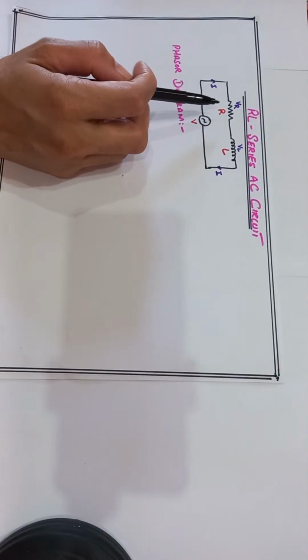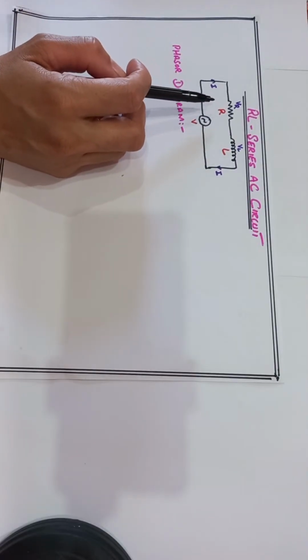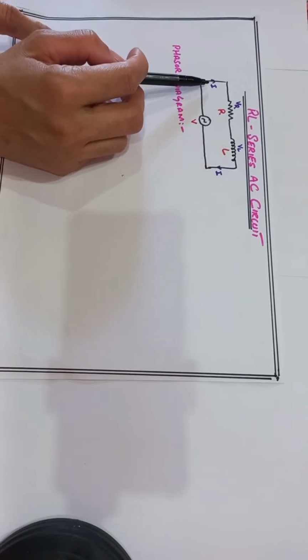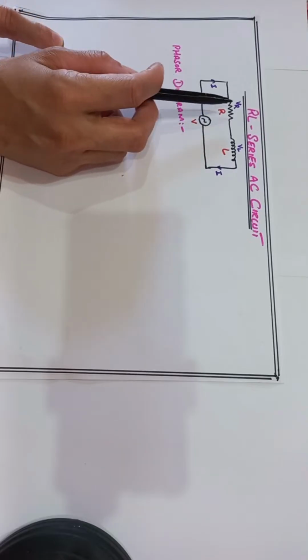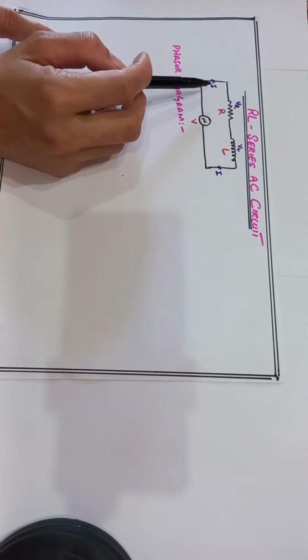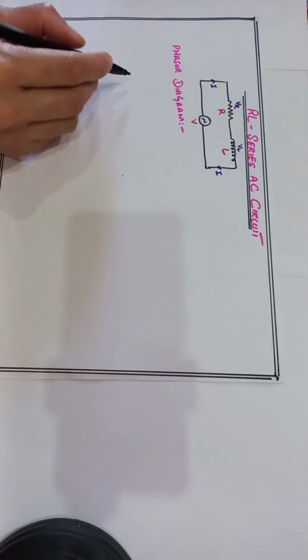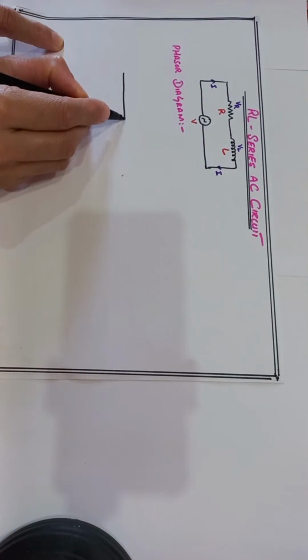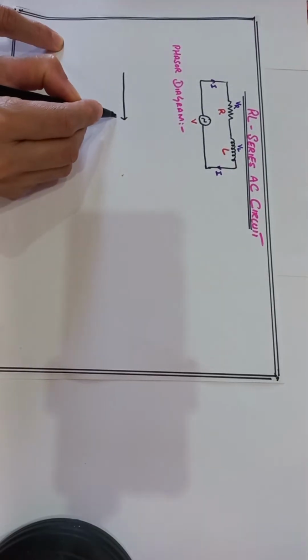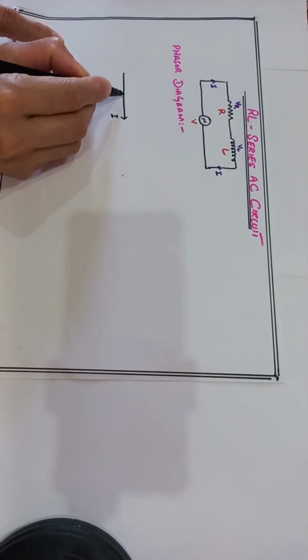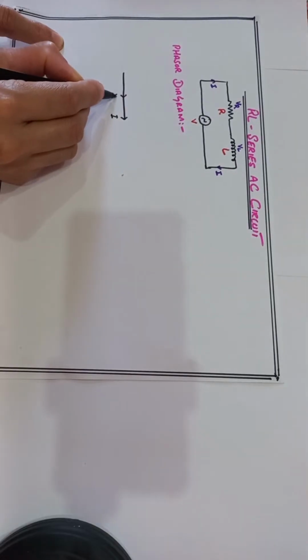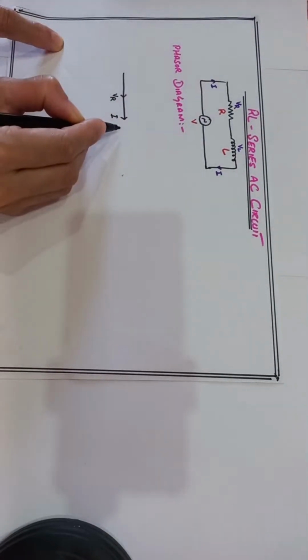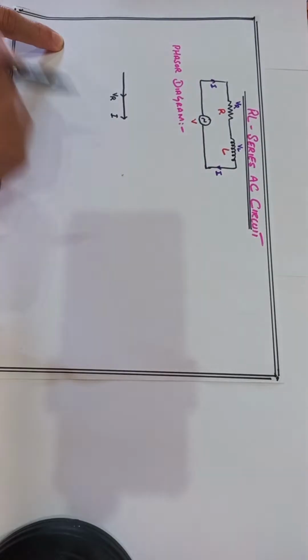We discussed this in the last videos: whenever current passes through the resistor R, voltage and current are both in phase. So here we draw the current I and the voltage across the resistor R in phase with the current, so it is also on the horizontal line.